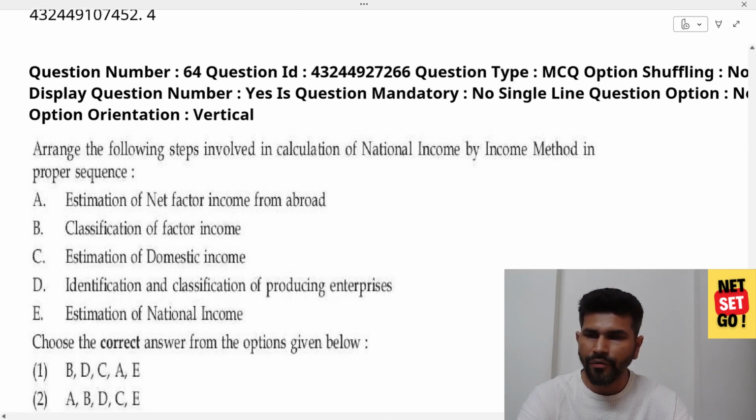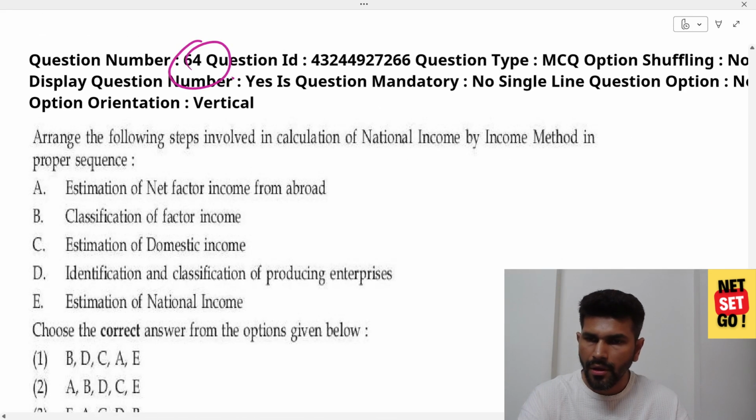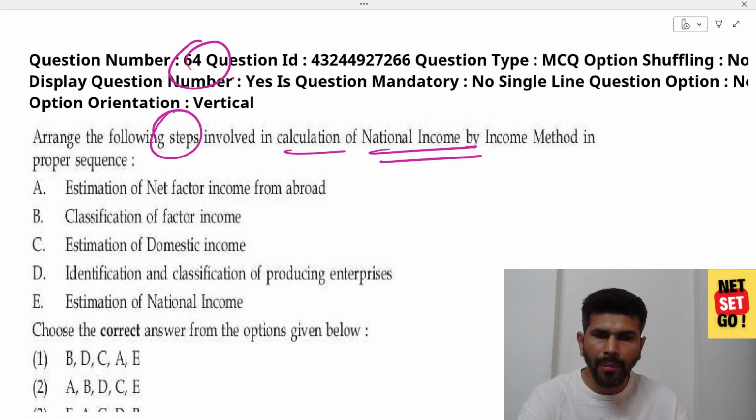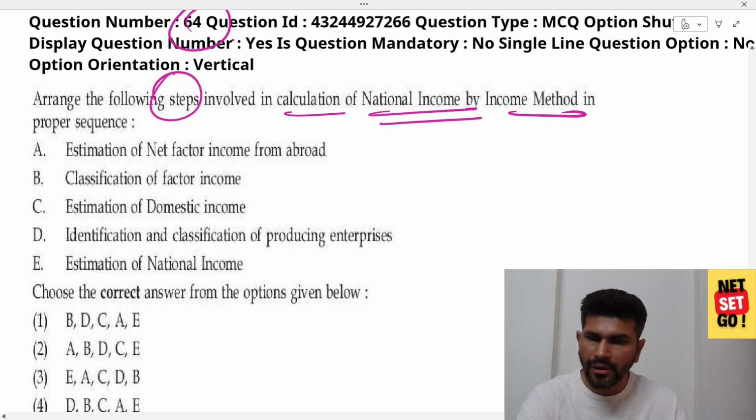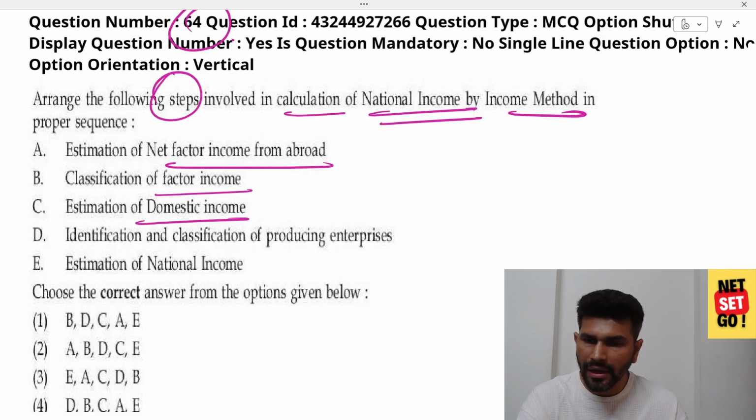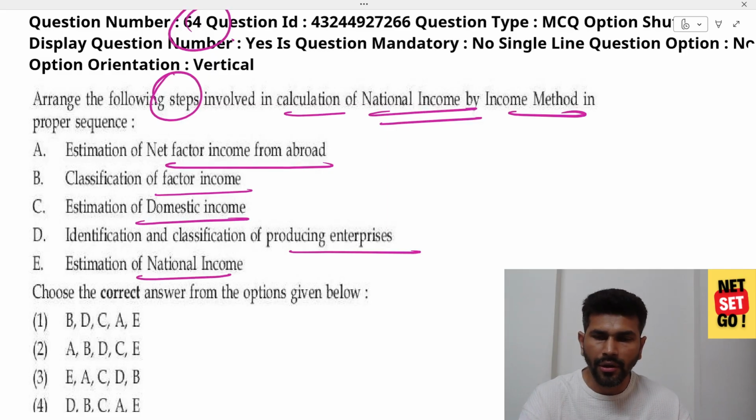Next, question number 64. Arrange the following steps involved in calculation of national income by income method in proper sequence. Estimation of net factor income from abroad, classification of factor income, domestic income estimation, identification and classification of producing enterprise, and estimation of national income. So D will be the first step and E will be the last step.